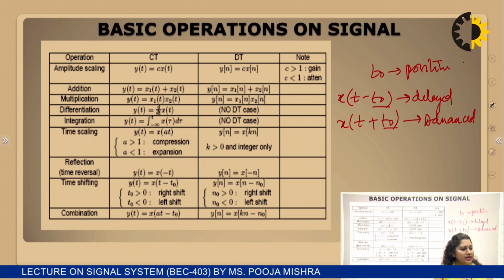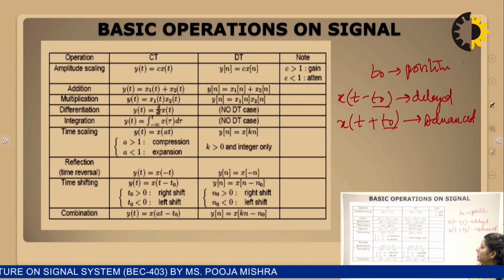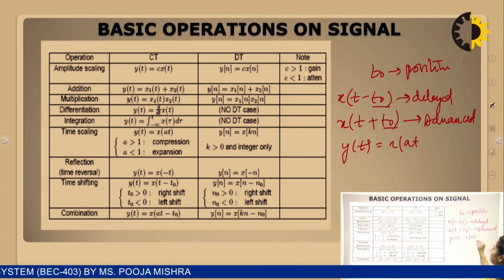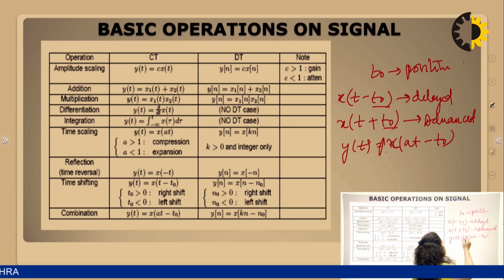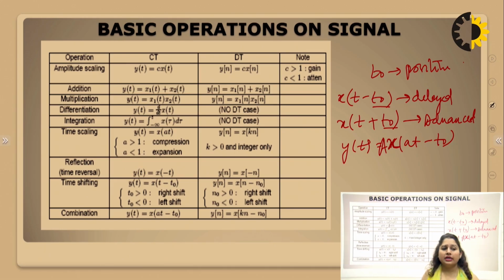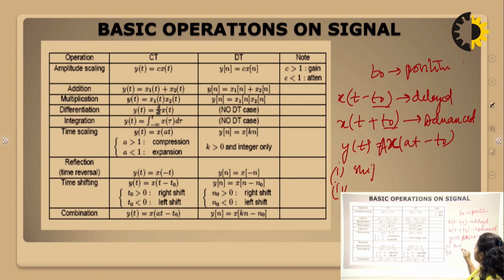Similarly, we have combinations of these types of operations, that is, if we represent y(t) is equivalent to x of at minus t naught. So in this case, we have all the things, that is scaling, shifting, and obviously we can have amplitude scaling. Suppose a multiplied by x of at minus t naught. In that case, we use the simplest method, that first we do shifting, then we do scaling, and then we do reversal.